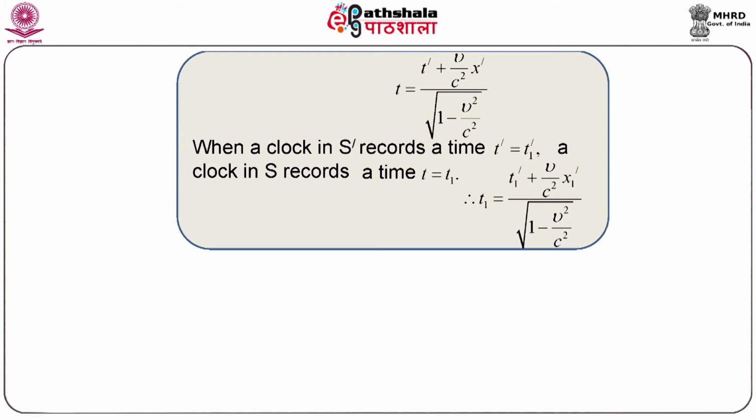The Lorentz transformation formula has the advantage that it gives the transformation formula for time. This is the basic difference between Galilean transformation and Lorentz transformation. c is the speed of light. x dash is the position of the clock in frame S dash.